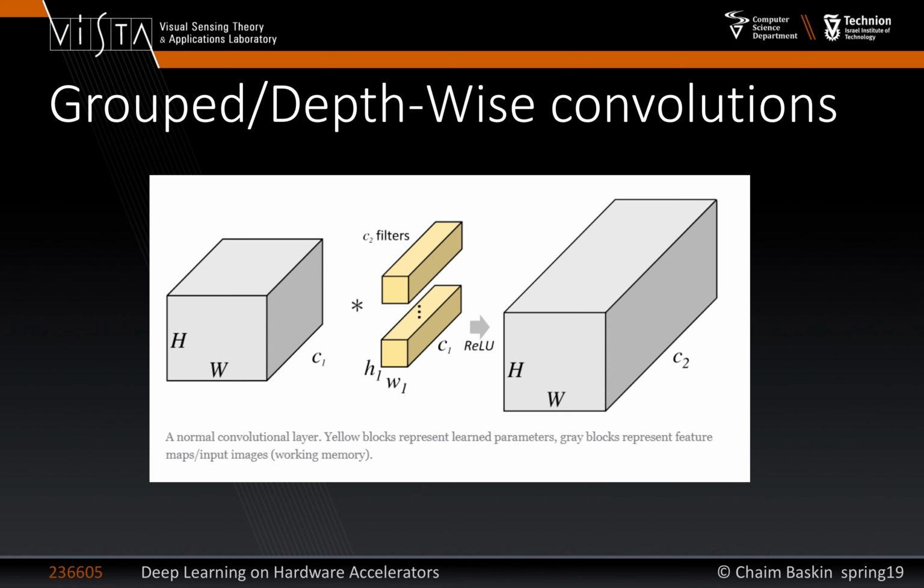So what he did, he divided the network across 2 GPUs. He called it grouping. He took all the channels and feature maps and divided them into 2 groups. One group worked on one GPU, and the other on another GPU.